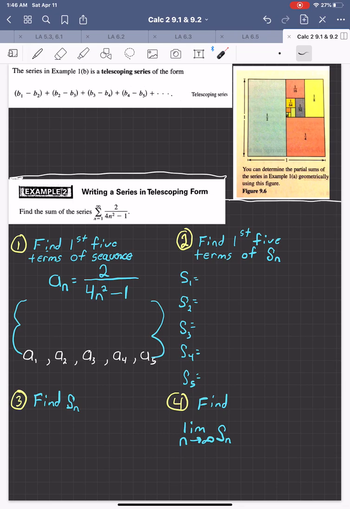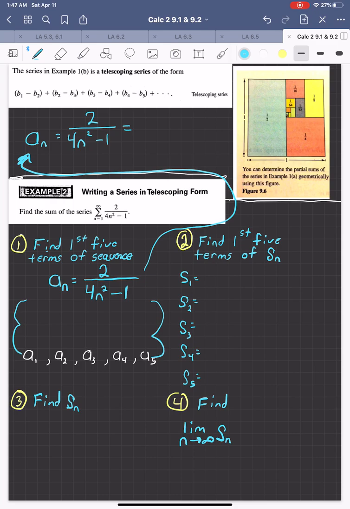If we take this a sub n, that's given to us as 2 over 4n squared minus 1. But so that you can see what they mean by this telescoping series, you can rewrite this.